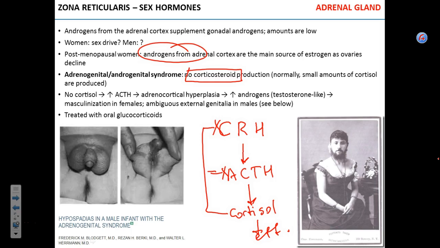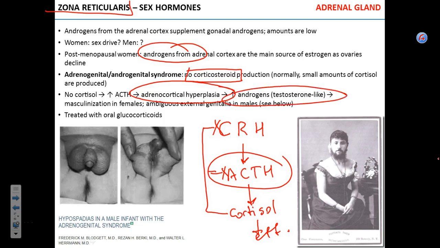But ACTH is going to stimulate the entire adrenal cortex across the board, including zona reticularis, which will lead to hyperplasia of the adrenal cortex, okay, and elevated testosterone-like androgens, which will lead to masculinization in females.